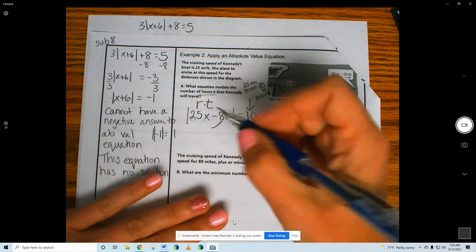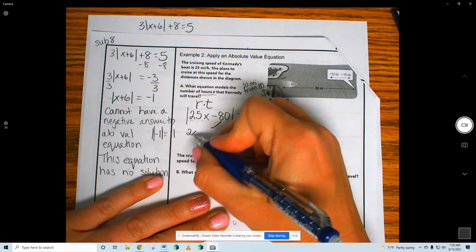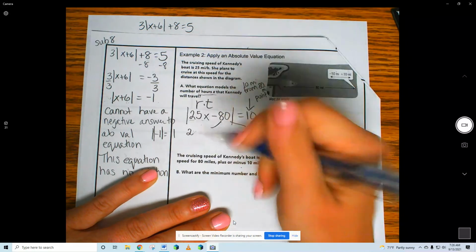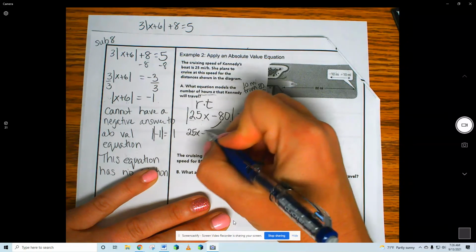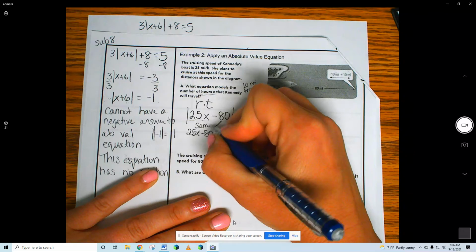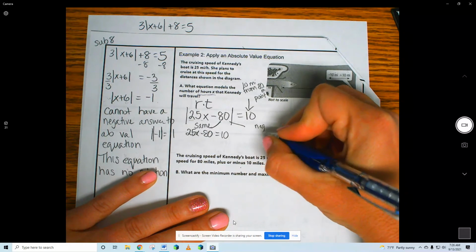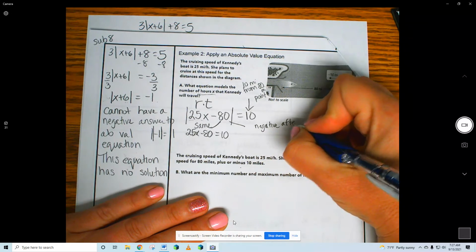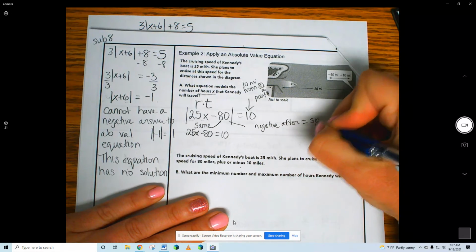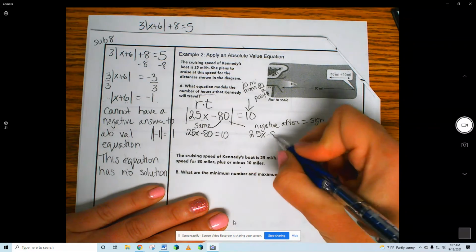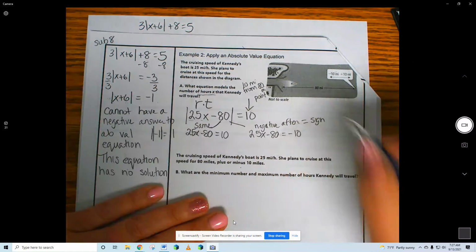I'm solving two equations. On the left side, it's going to be the equation exactly as it is. 25x minus 80 equals 10. So the left side is always going to be the same, and the right side is going to be the negative after the equal sign. 25x minus 80 equals negative 10.